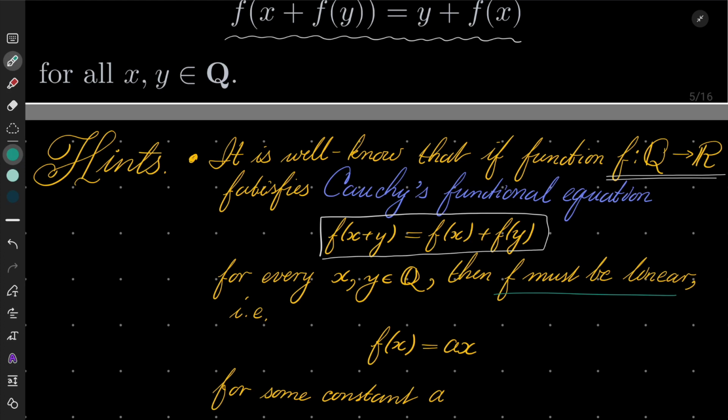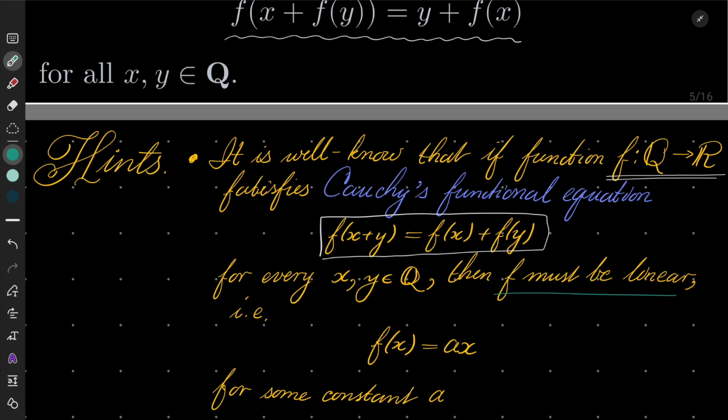Okay. It is well known. You can find it on Wikipedia and other sources. I think that it's known to every person who is preparing for functional equation problems for mathematical Olympiads.